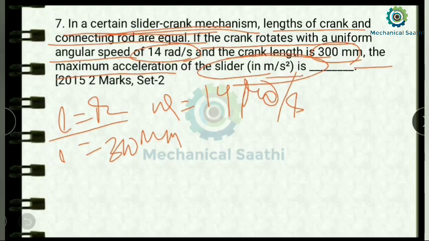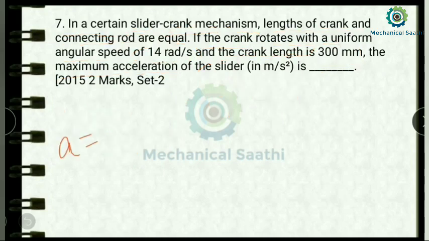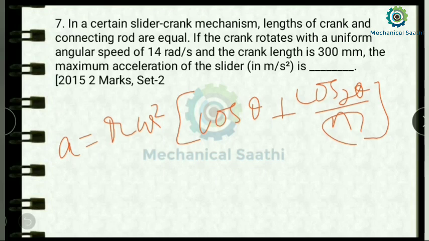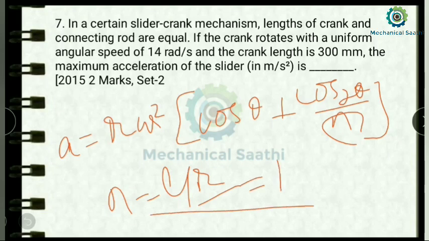So the maximum acceleration of the cylinder we need to find out in terms of meter per second square. Acceleration we can find out by using the formula, that is equal to R omega square into cos theta plus cos 2 theta divided by n. You need to remember this formula. Where n is equal to L by R. So in this case L and R are equal, so we can find n equal to 1.